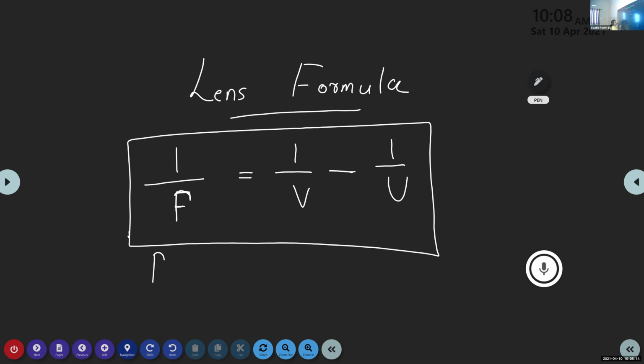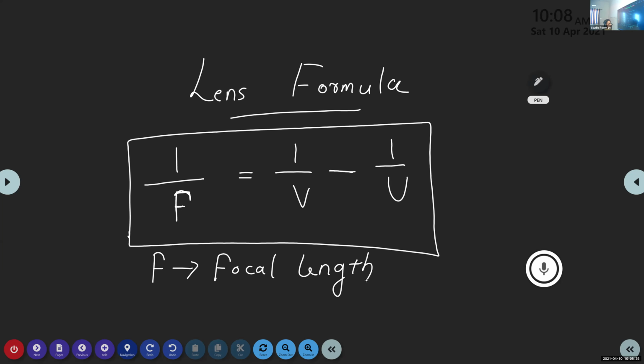What does this f represent here? Quickly recall the terms. Focal length. Very good, f is the focal length. Then my next question: what do you mean by focal length? Definition for focal length, anyone? Yes, Adidev.